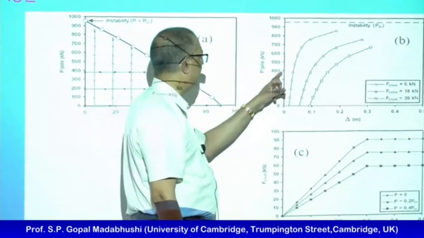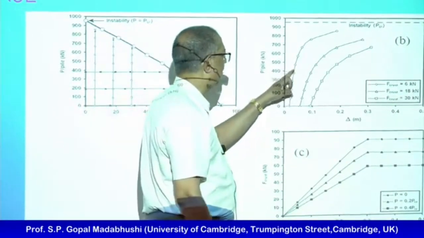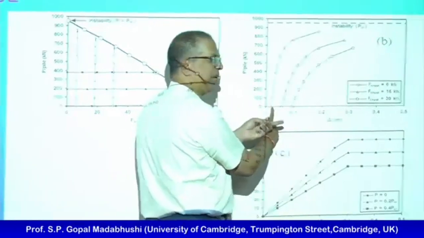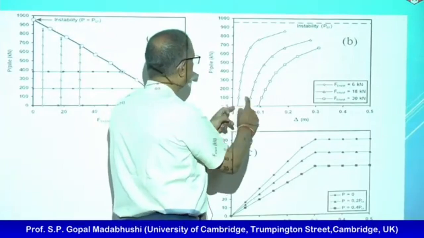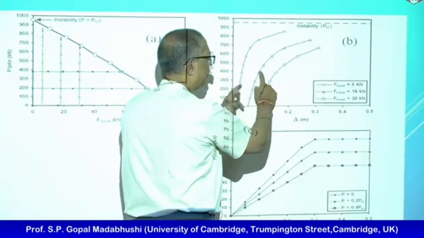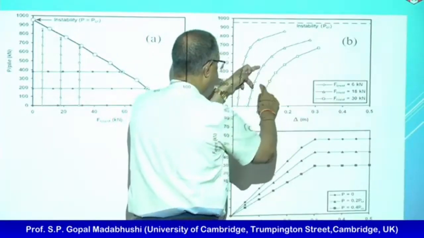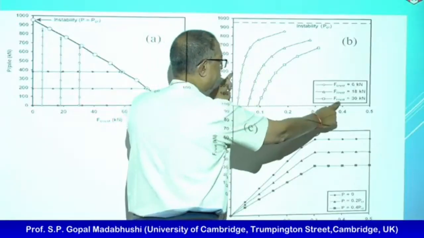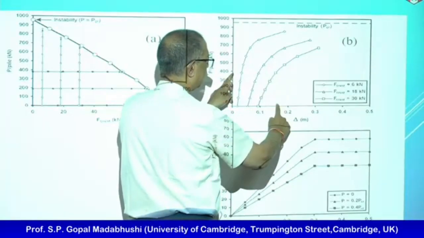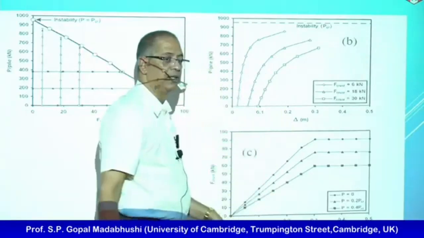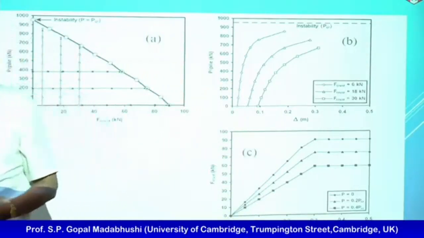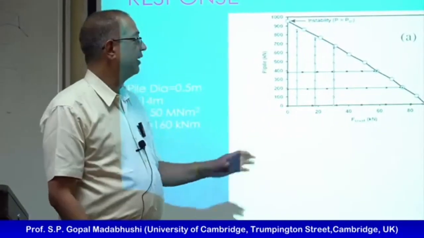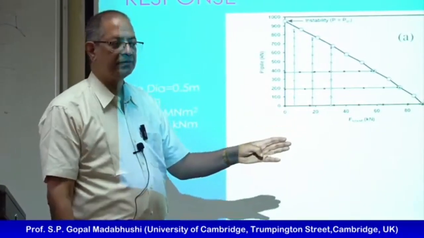I can come along here and see for a crust force of 6 kilonewtons, I'll get a deflection of maybe only 0.02, something like that. If I apply 400 kilonewtons but my crust force is 18, I'll get a deflection of 0.1. If the crust force is higher, I'll come down to about 0.18 meter. So we can say how much we are deflecting the pile depending on the crust force.